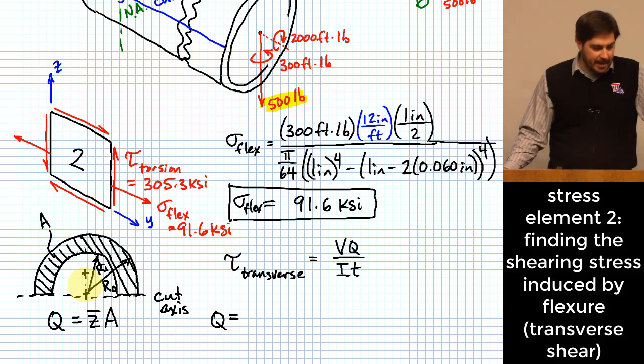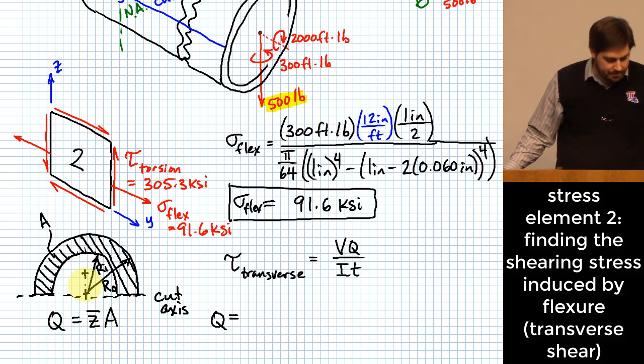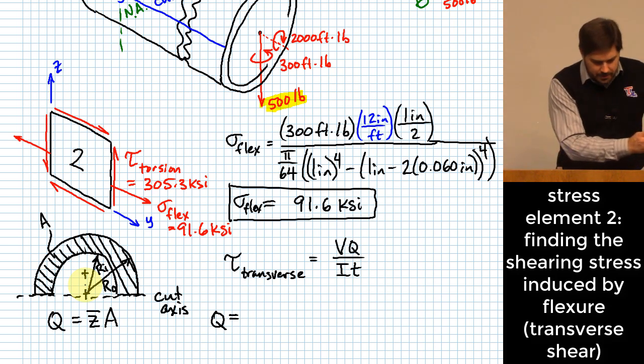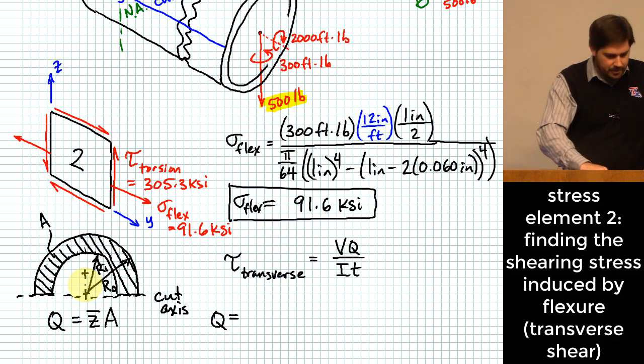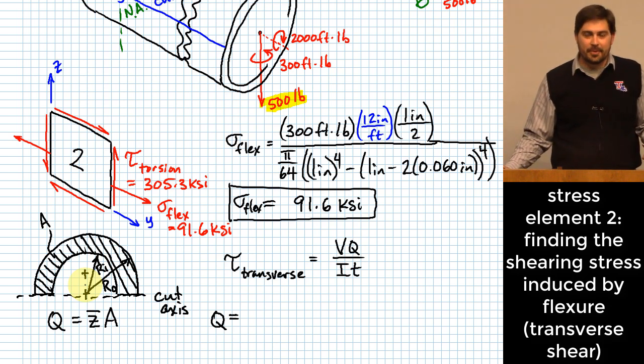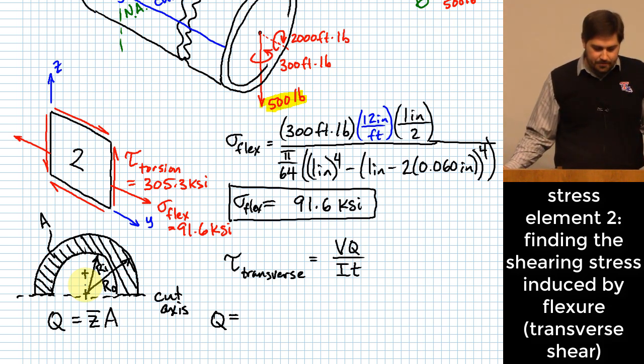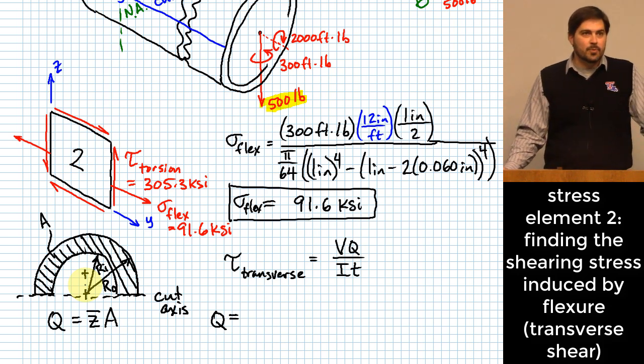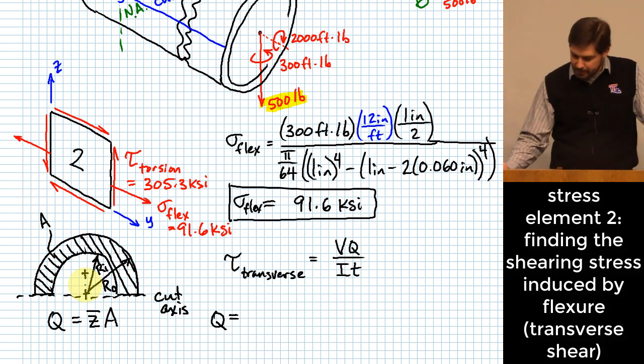It is actually in the back of your textbook. Truth is, I don't know if they have a half circle, but a half circle is exactly the same as a quarter circle, which is in the back of your textbook, okay? And the formula for that is 4r over 3 pi. Once I say that, that probably sounds familiar to a lot of you. Okay, so 4r over 3 pi.